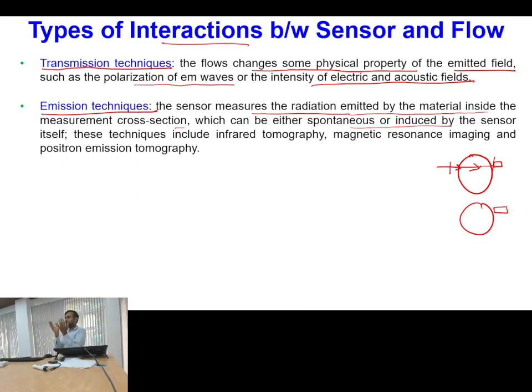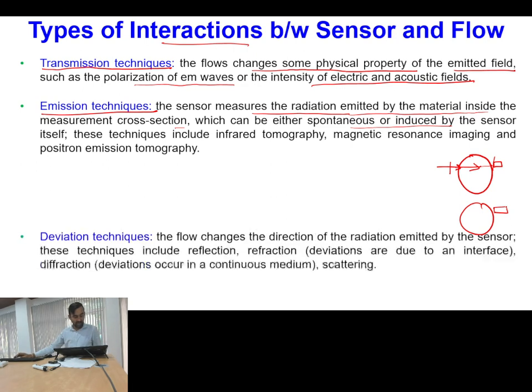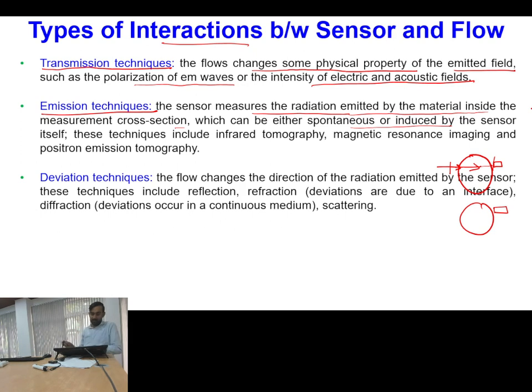In case of a camera, the camera will itself send the light ray to the visualization window, and then that light ray will be reflected from the visualization window, and then you will get some signal, and the camera constructs all these signals to give you one image. So emission technique means the sensor itself is sending the signal, it is getting reflected again, and then you are getting the corresponding value of the output.